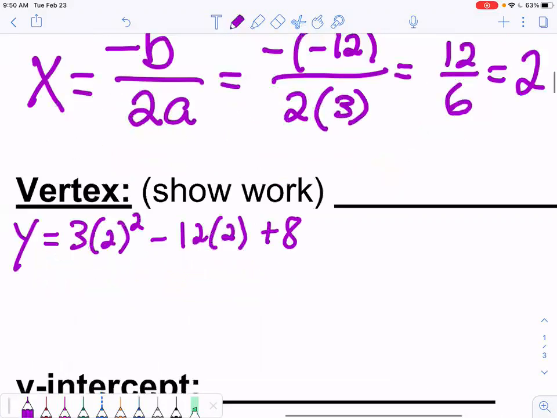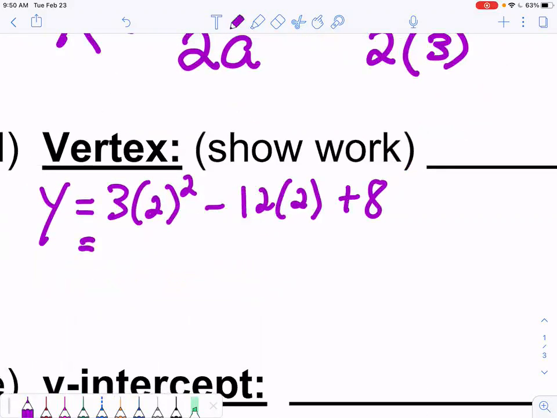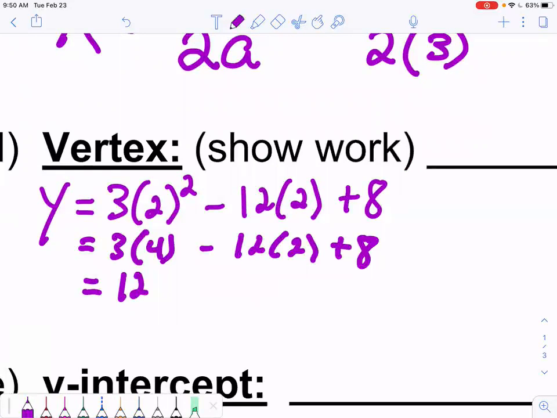All right, we do our squared first. 2 squared is? Good, 4. So you get 3 times 4. You just copy down. Now we do our multiplication. Bill, 3 times 4 is? 12. Negative 12 times 2 is?